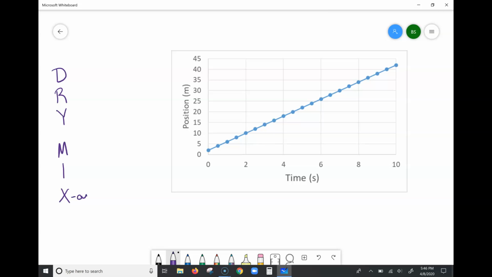The X stands for the x-axis, which is here, and the Y stands for the y-axis, which is here.